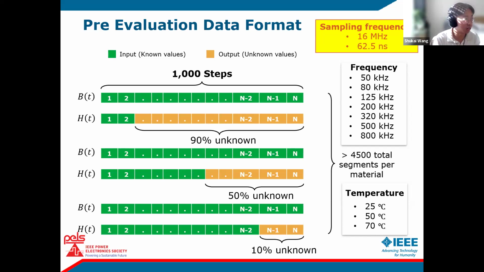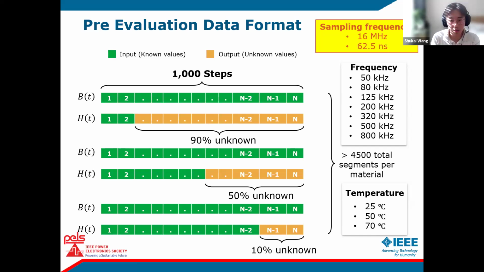With that being said, the data we give you is split into three different forms. The first form is that we're only providing 10% of the available H data and asking the teams to use your function to predict the 90% of unknown data time steps. We also have 50% to predict 50%, and 90% to predict the 10%.